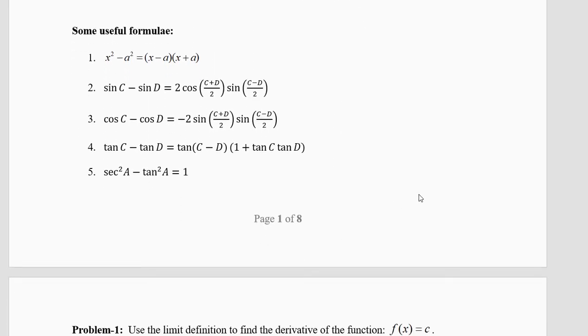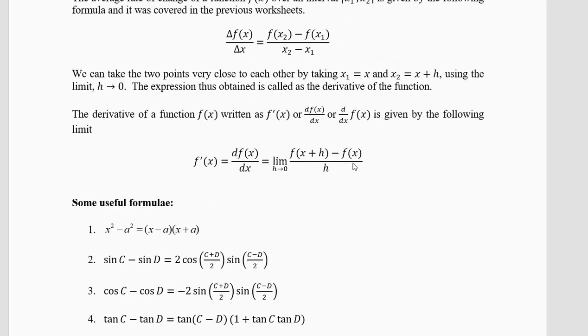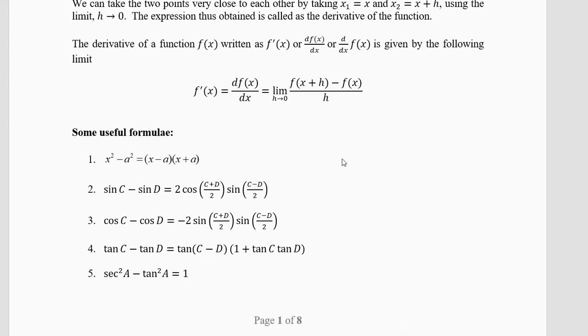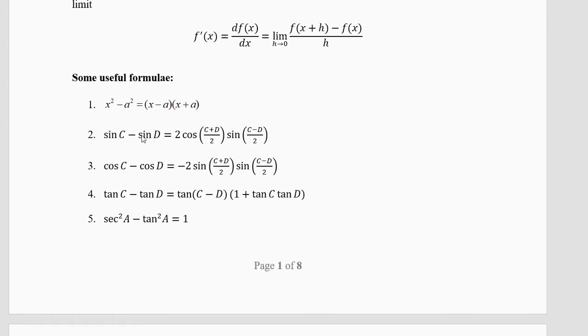Now what are the formulae we'll need? We'll need all the know-how of the limits which we have learned in the last few days. This formula number 1 is the two-term factorization. We have seen it before. Then we'll need sin C minus sin D, because look here we are subtracting. So it is sin C minus sin D, it is equal to this.